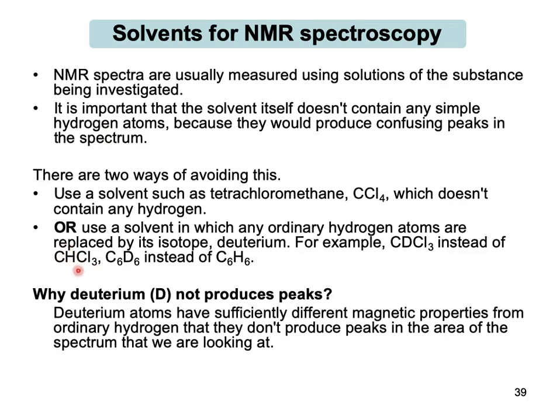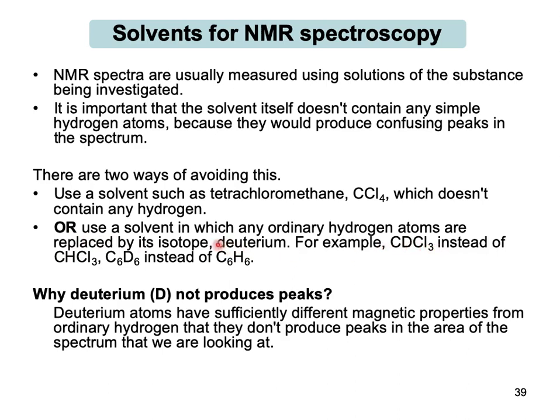We are looking for the protons in a sample, so we prefer there should be no protons in the solvent. So we replace this hydrogen with deuterium. That's why it is called a deuterated solvent. In the case of chloroform, we use deuterated chloroform, which is CDCl3.